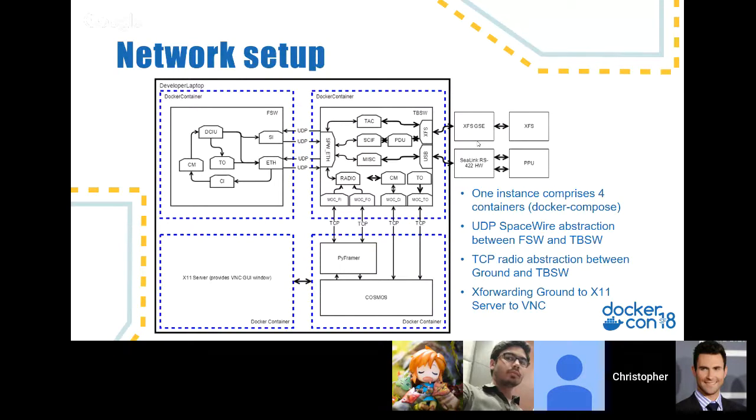So now that we have those four Docker containers, you can see each one is in blue. We actually have the flight software set up to talk to the testbed software. So you have your UDP messages going back and forth, which actually look like SpaceWire.